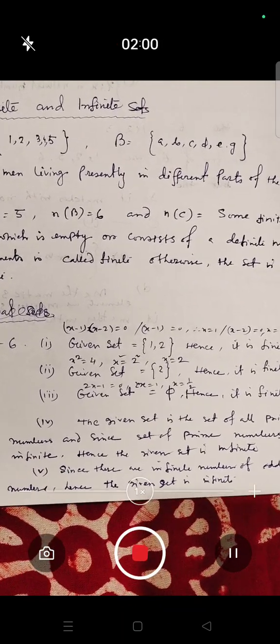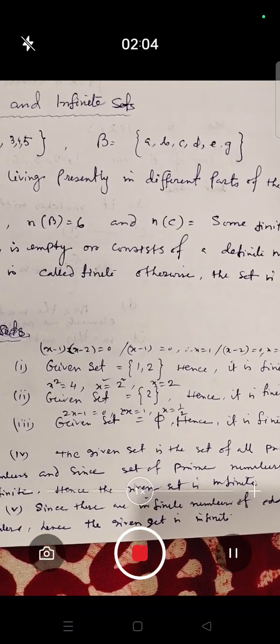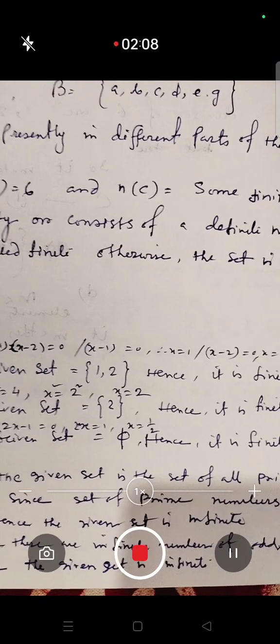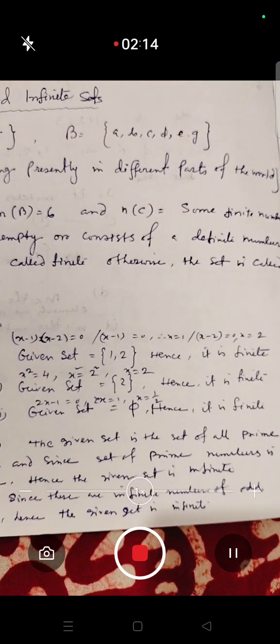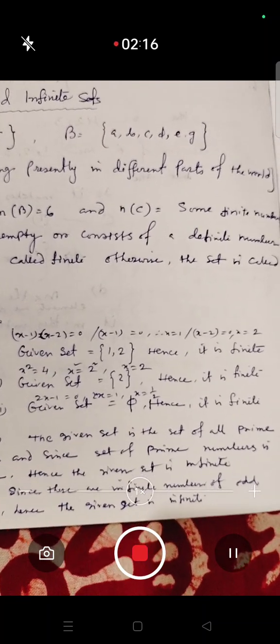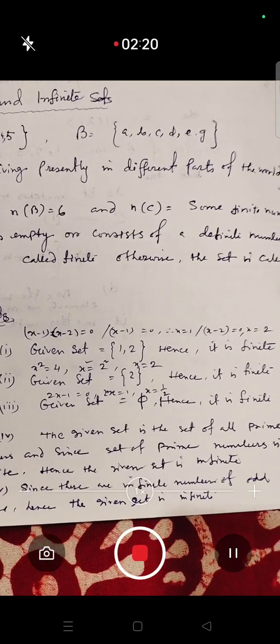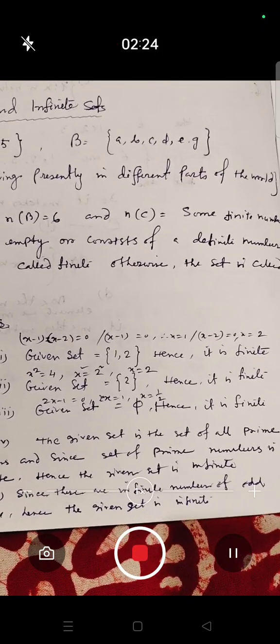Given set number 1: the set is {1, 2}, hence it is finite. And next, x square is equal to 4, x square is equal to 2 square, x is equal to 2, so the given set is {2}, hence it is finite. And number 3, 2x minus 1 is equal to 0, 2x is equal to 1, x is equal to half, so the set is finite.